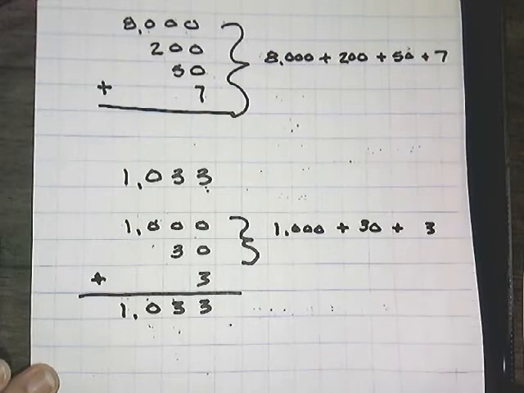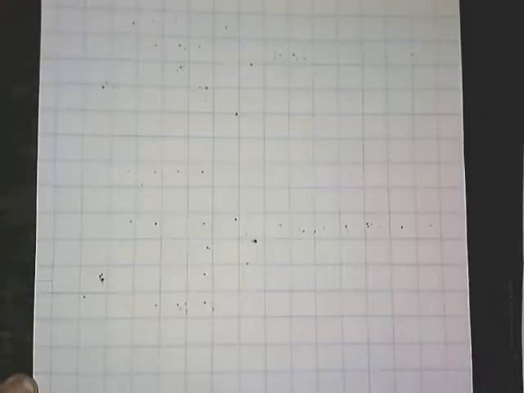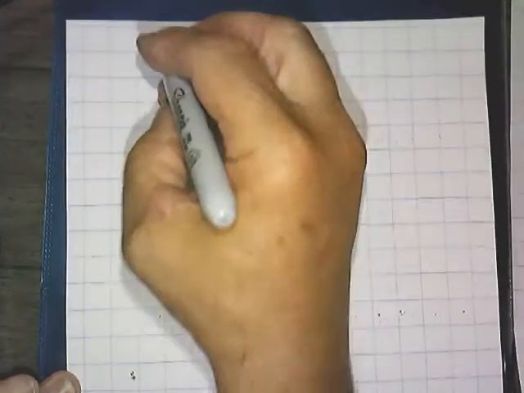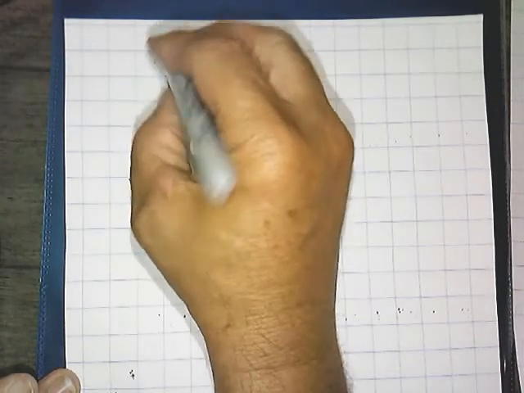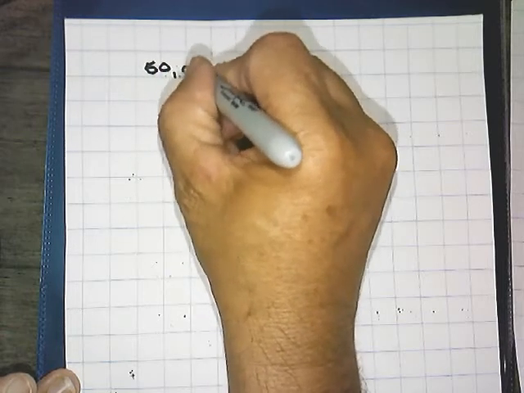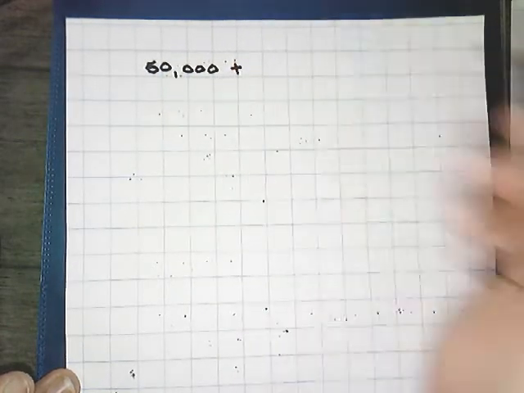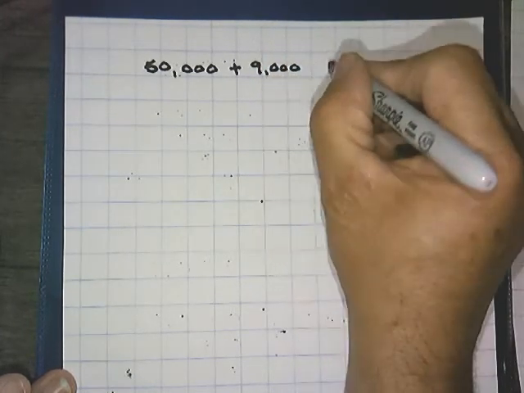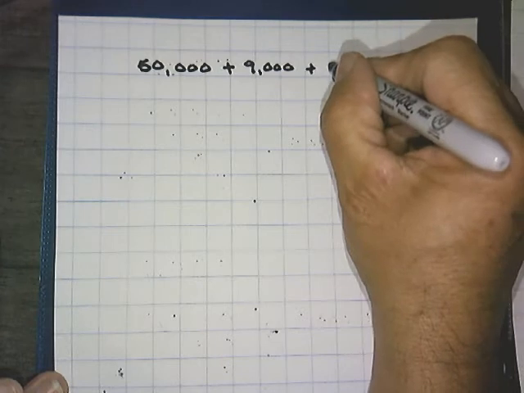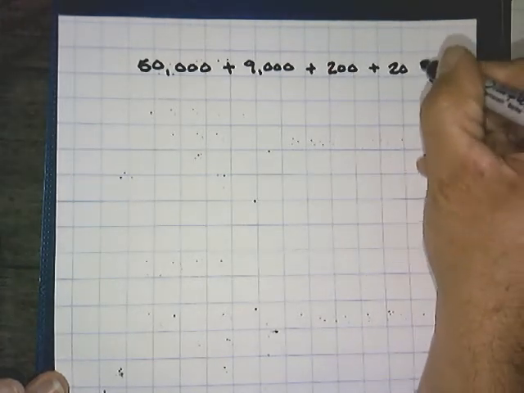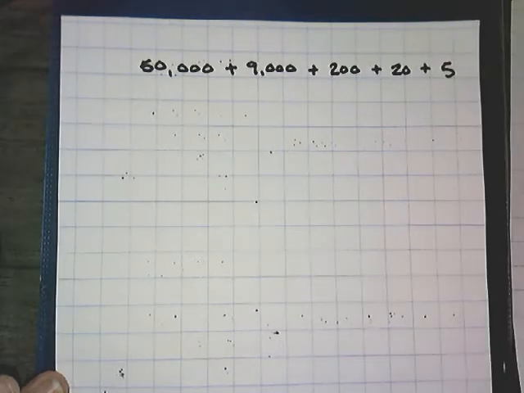Now, sometimes you will need to take a number that is already in expanded form and turn that into standard form. So let me show you. I'm going to go with a 5-digit number this time: 50,000 plus 9,000 plus 200 plus 20 plus 5.